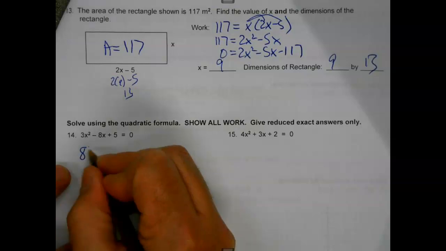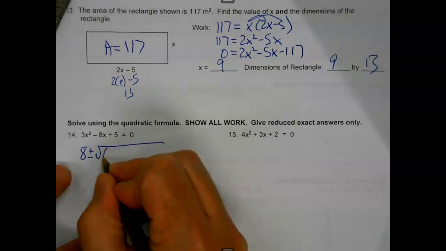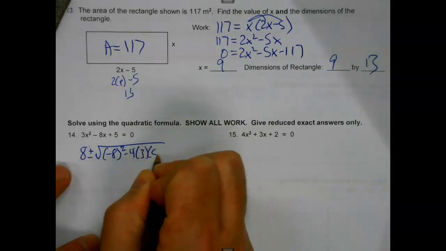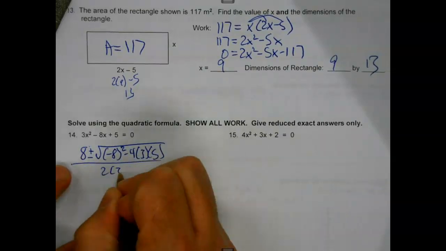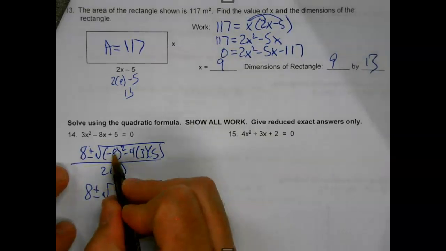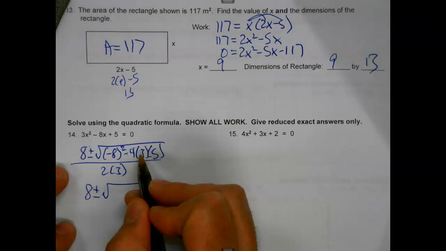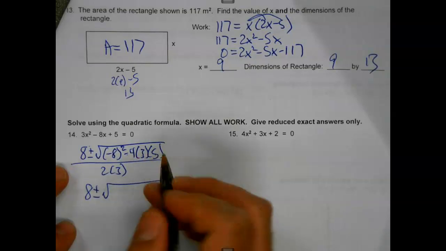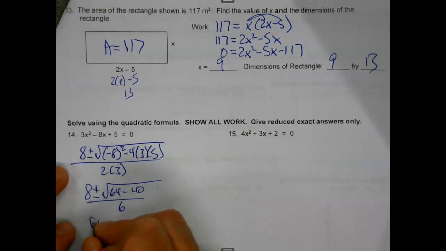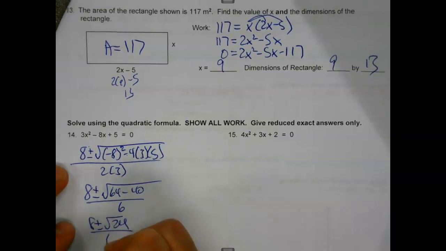All right. We got the opposite of b plus or minus the square root of b squared minus 4ac all over 2a. Let's see here. We got 64 minus 40. Yep. So 8 plus or minus the square root of 24 over 6.